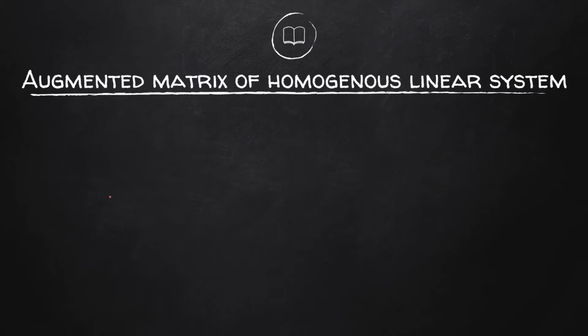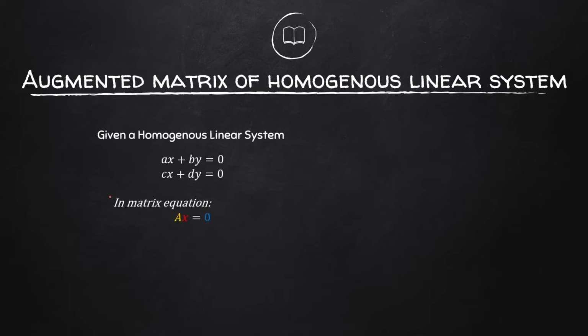So the augmented matrix of a homogeneous system is shown. For example, we have here a homogeneous linear system, ax plus by equal to 0, cx plus dy equal to 0. We can write it in matrix equation as AX equal to 0. So we have here the coefficient matrix, this is your column matrix for variables, and these are the column matrix for your constants.